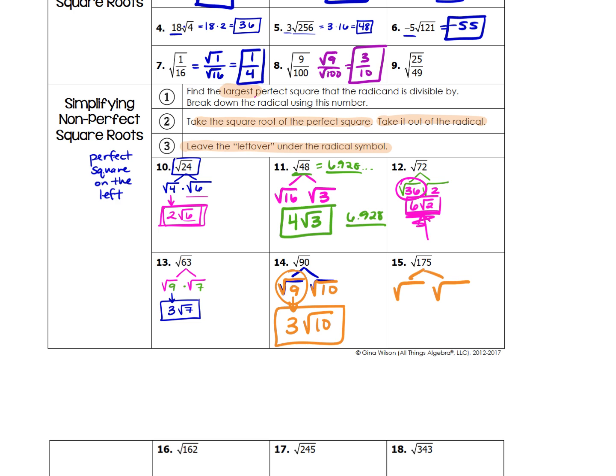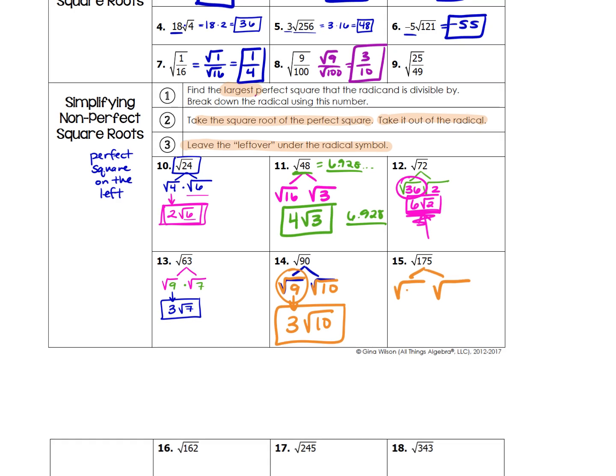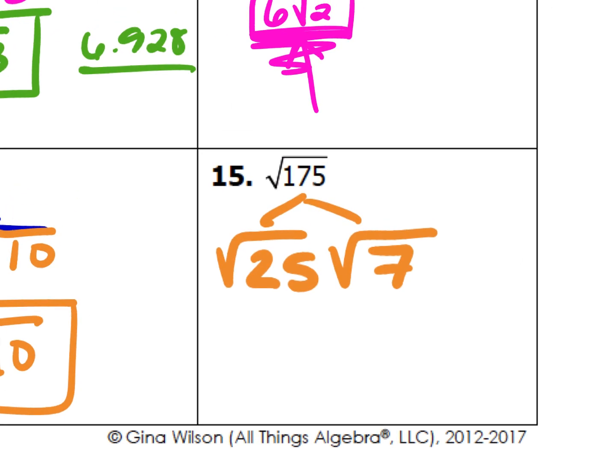Okay, so you type in 175 divided by 25, and what do you get? Plug it into your calculator. You get 7, right? So that's going to be the one on the right. What does that simplify to?